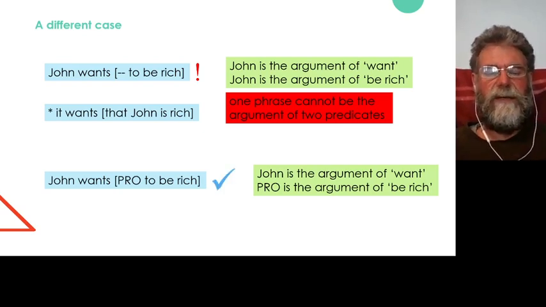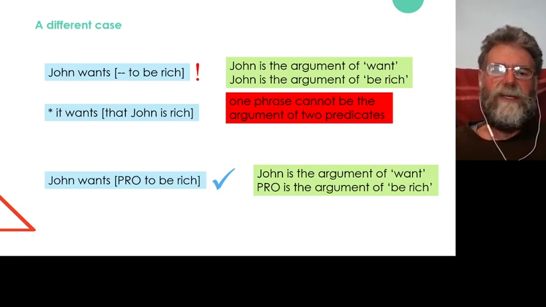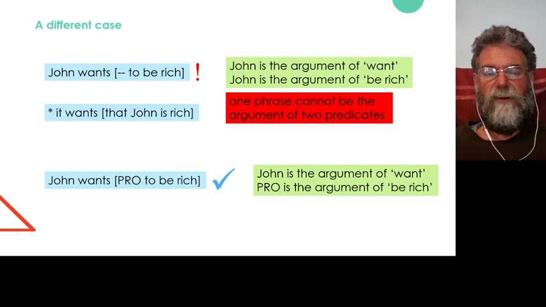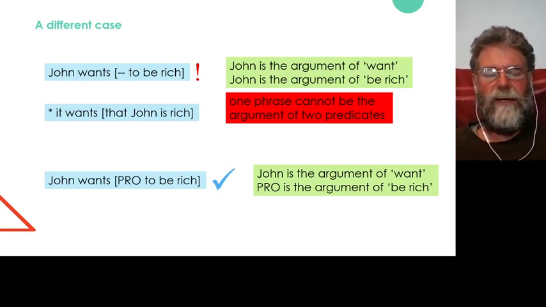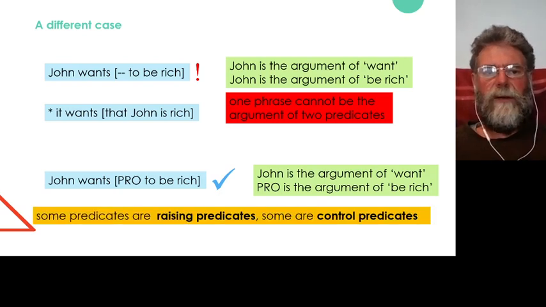So there seems to be reason to believe then that the kind of construction where we have a pro sitting in the subject position of a non-finite clause here does exist. It's different from the raising case, and we'll compare the raising case to these kinds of constructions presently. The conclusion then we can come to here is that there are different kinds of predicates.